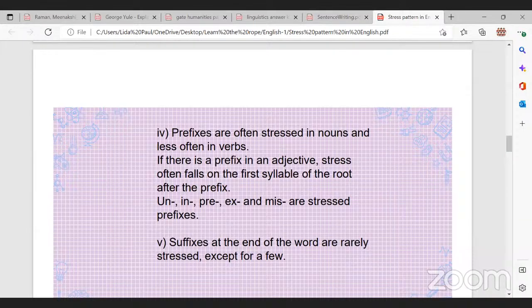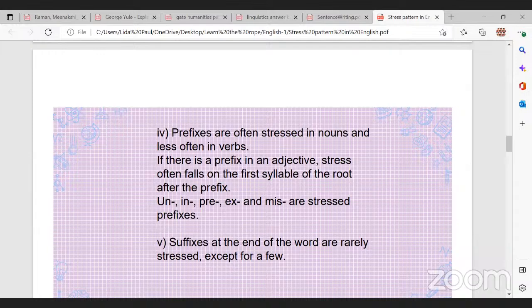How about an adjective with a prefix? Adjective with prefix. Okay. Say uncomfortable. We'll use the same prefix un. So uncomfortable, right? Comfortable is an adjective. Or unhappy, right? Any of these.